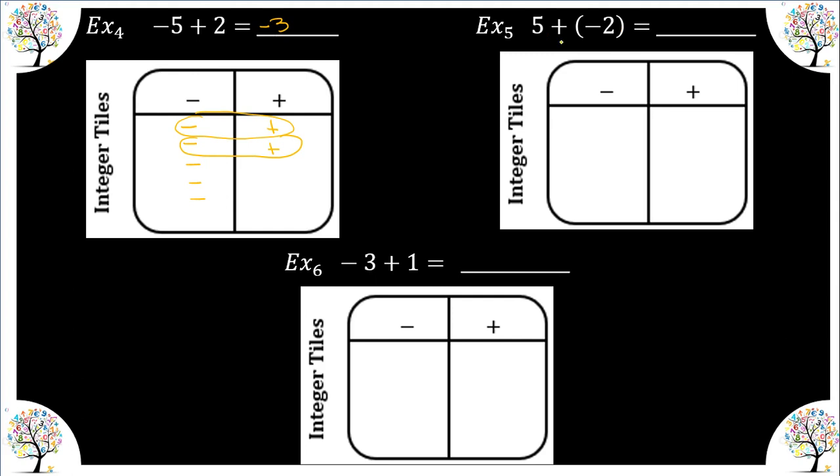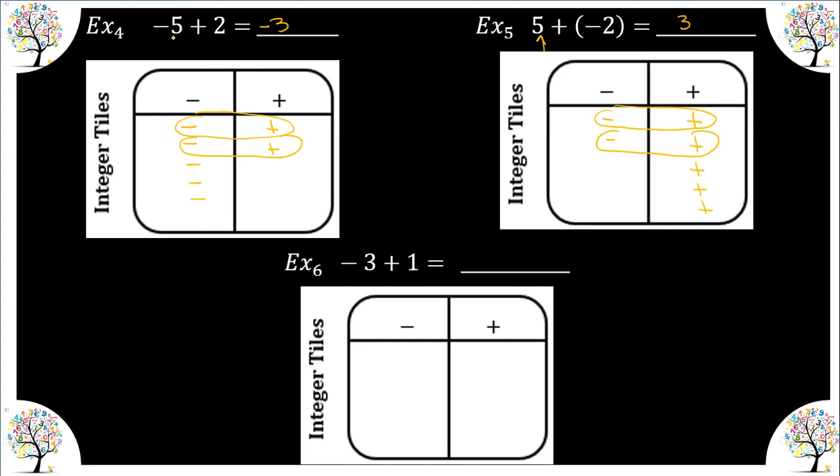5 plus -2. Now we have 5 positives. And then we're going to add 2 negatives. We have 2 pairs of zeros, and we're left with +3. Notice there are more positives, so our answer is positive.